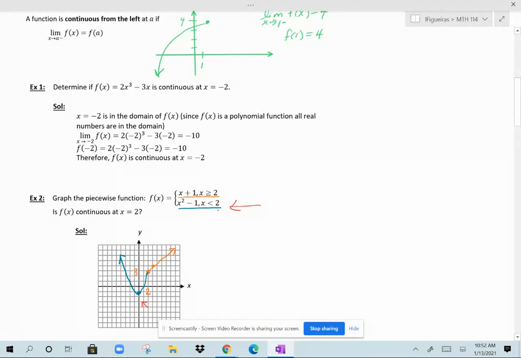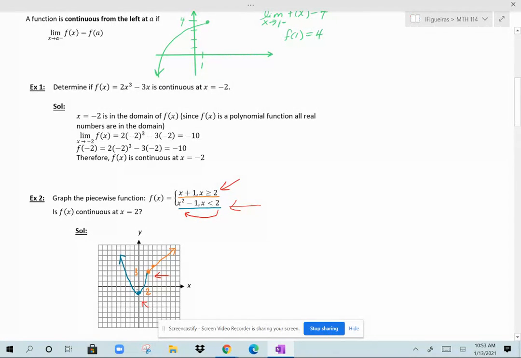But you should also plug in 2. And when you plug in 2, you get a value of 3, which is actually this point right here. Now it's open for the parabola, but remember the line made that closed. So the closed point supersedes the open one. So that's why it's remaining as this solid orange point.